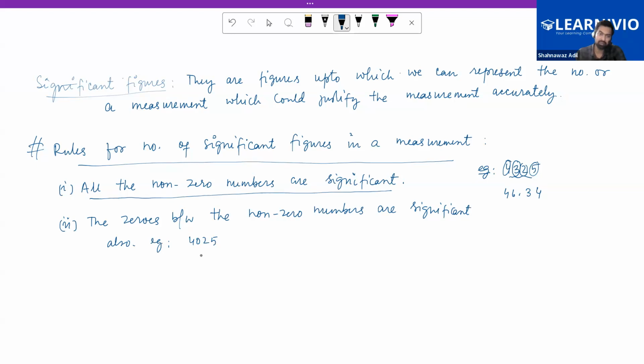It's 4. Whenever you have zeros between the non-zeros, all those zeros are significant, right? So in this one, we have 4 significant figures.